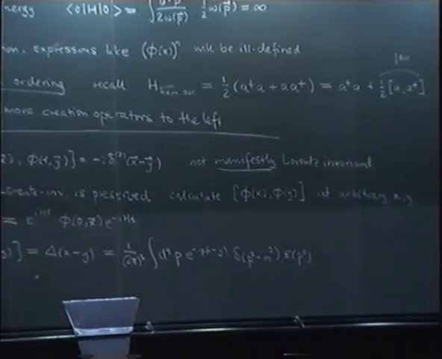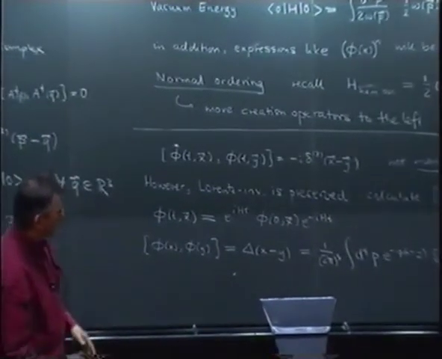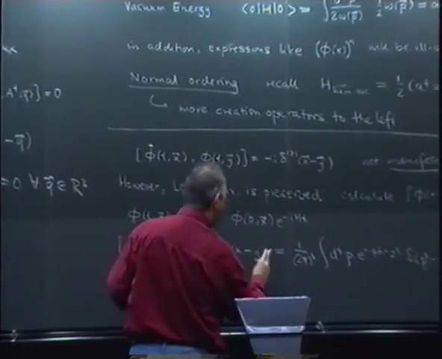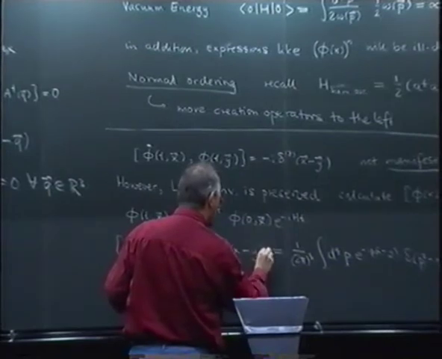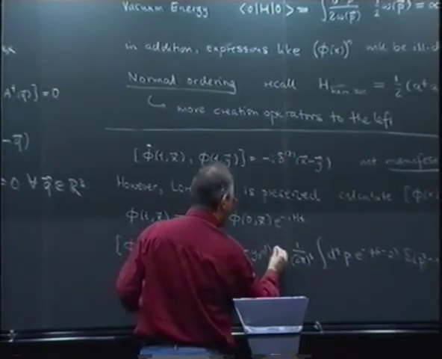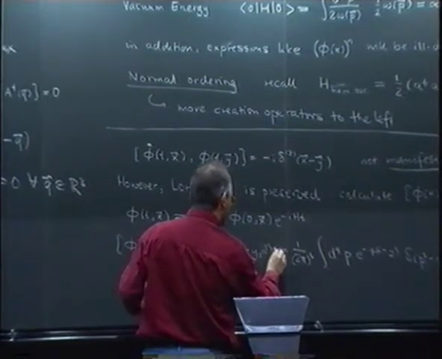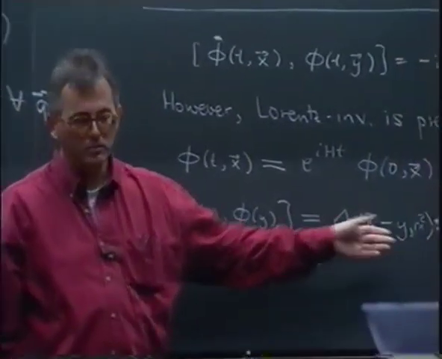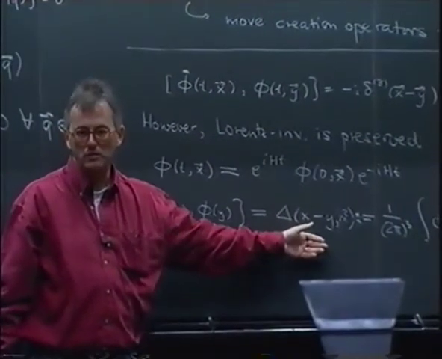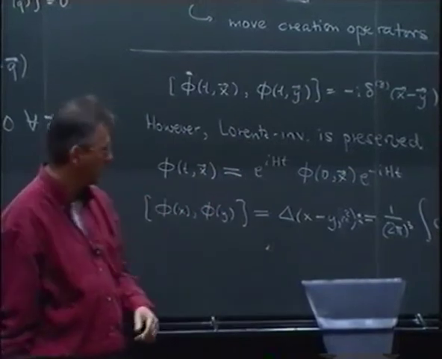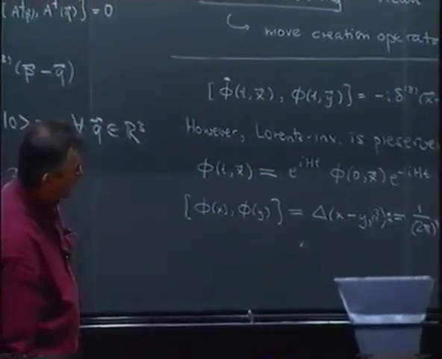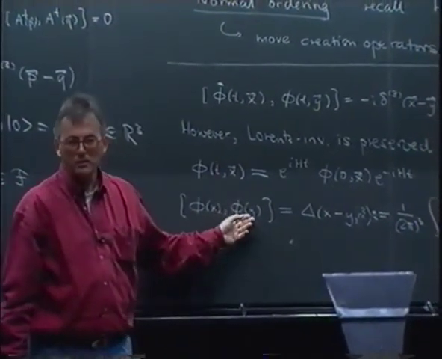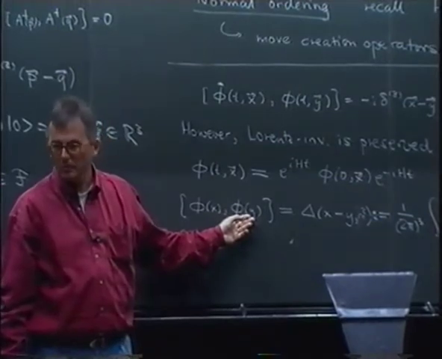So this is the answer, and this is called the commutator function, which depends on the mass, and is defined like this. By the way, I should mention that this is just a function, or rather, since we're in a Hilbert space, you should think of this as the function multiplied by the unit operator. It's by no means trivial that this thing is really a number.